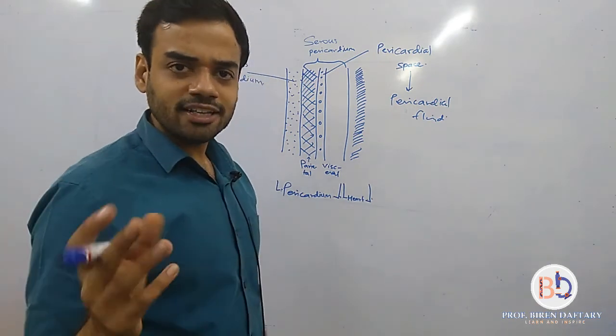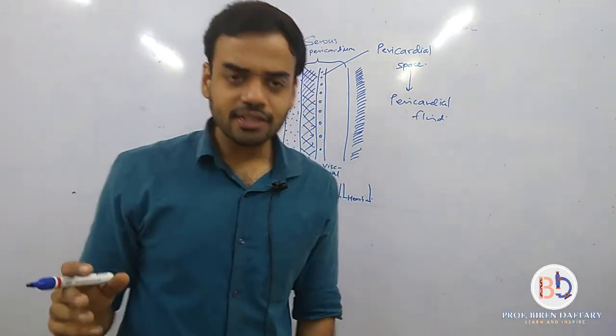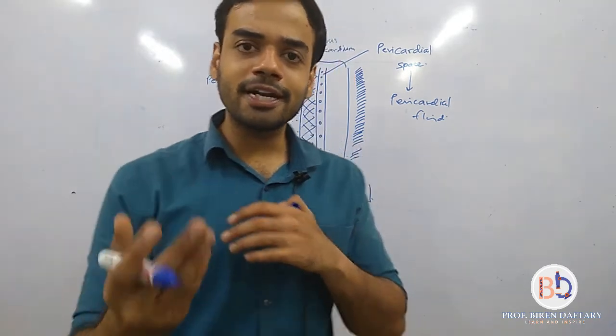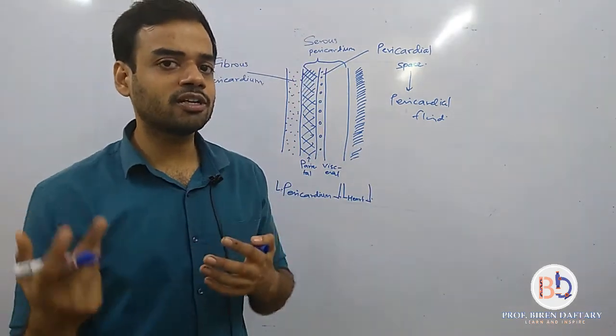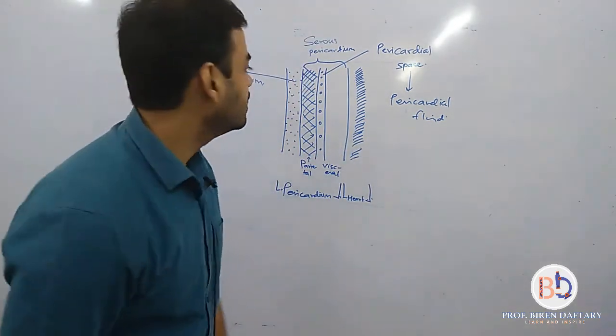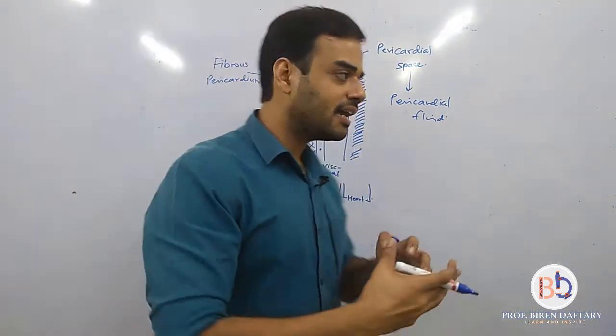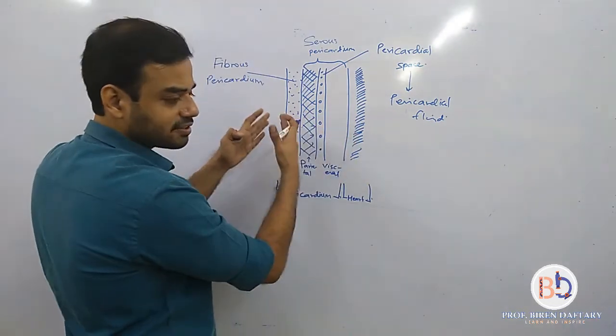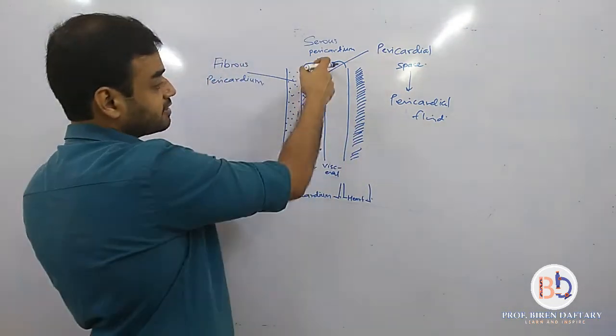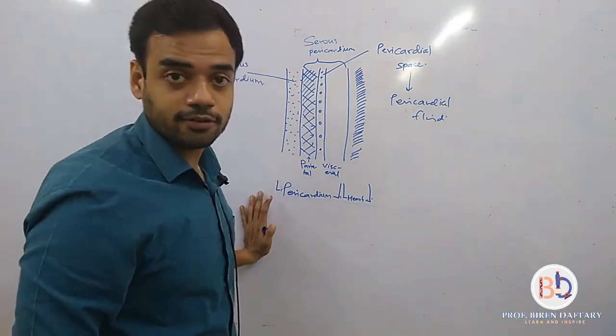This is somewhat like the lungs. Do you remember? There is pleural fluid between the parietal and visceral membranes. What does it do? It prevents friction. Similarly, when your heart is contracting and relaxing, there is movement over here, so this pericardium also moves. So this liquid layer prevents friction.